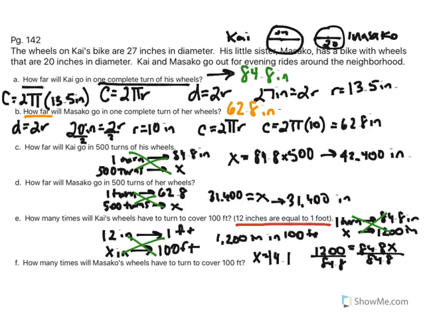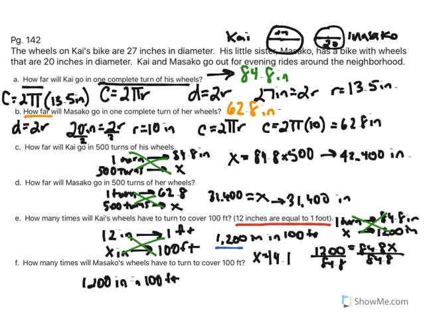All right, so now it asks us, how many times will Masako's wheels have to turn to cover 100 feet? So it's asking us the exact same question again, but this time with Masako's wheel. We already know how many inches are in 100 feet. We found that up here, so I'm just going to use that number again. So we have 1,200 inches in 100 feet.